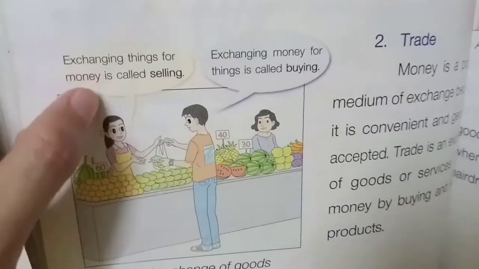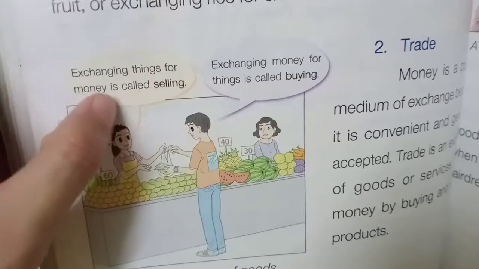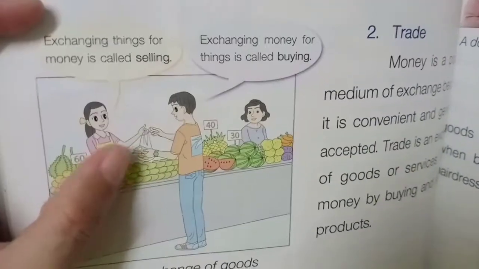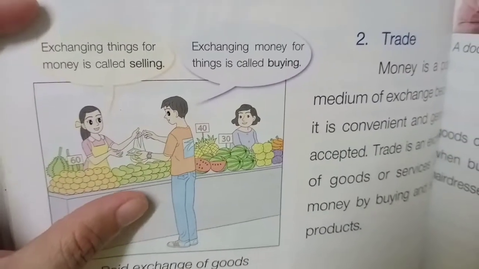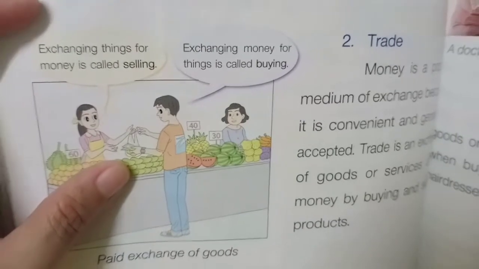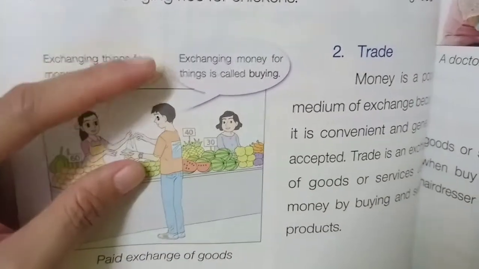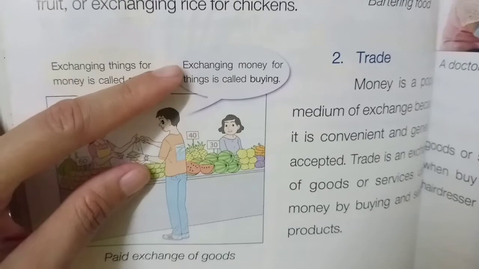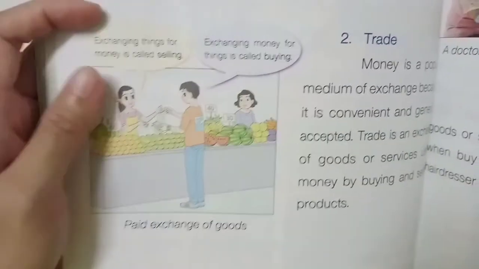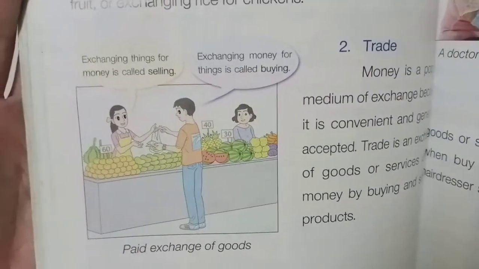So here, exchanging things for money is called selling. So this one, they exchange things for 60 baht. So that's called selling. Exchanging money for things is called buying. So that's what it's called, buy and sell.